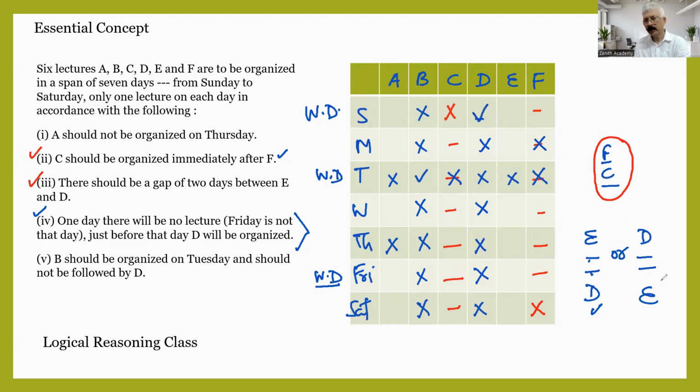So D means this is the order. D, then after 2 days, 2 lectures, E. So dash 1 to E is possible here. So E is here. Now cancel this.